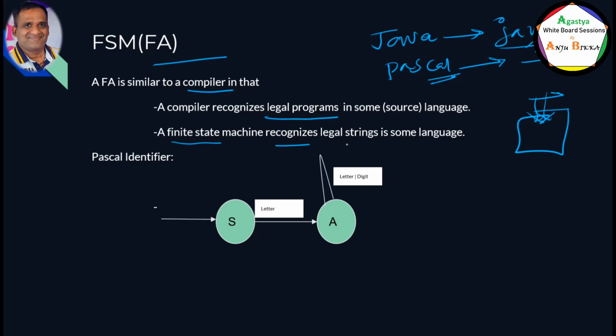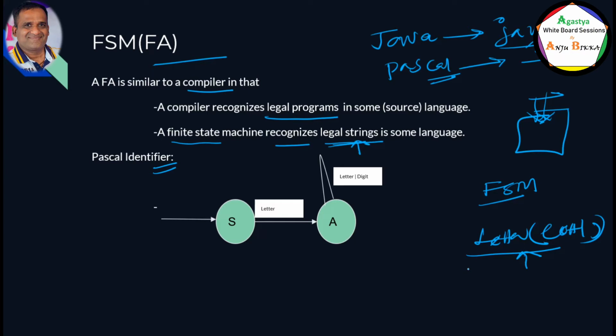In the same way, a finite state machine recognizes legal strings. For example, suppose we want to design a finite state machine to identify legal identifiers in Pascal. What is a legal identifier in Pascal? It needs to start with a letter followed by letters or digits.